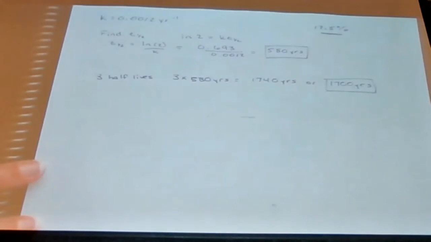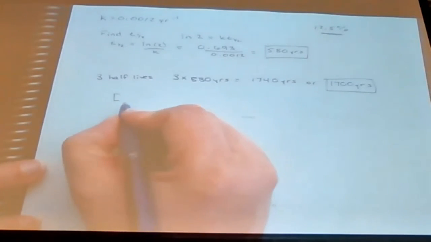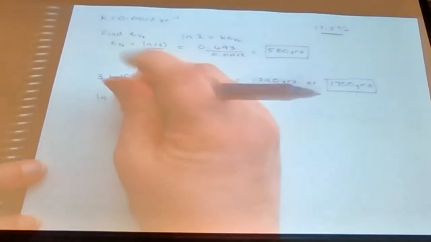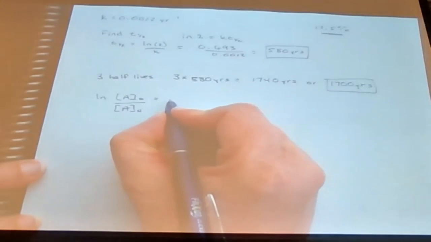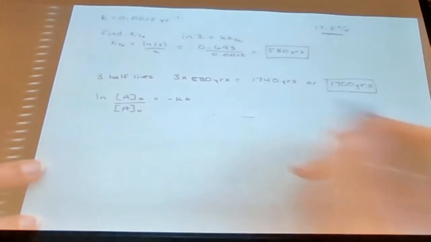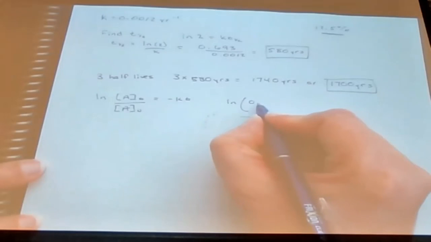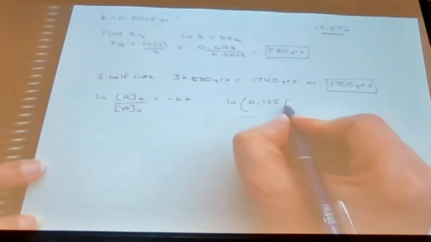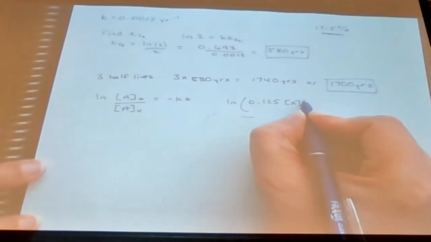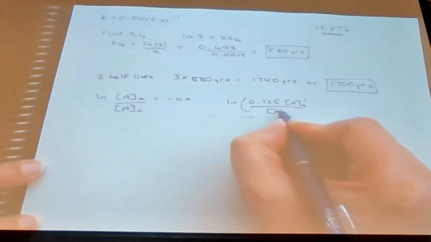The other thing I could do would be to plug into the equation that I have concentration, so I want a natural log of, let me use this form, natural log of A T over A 0 is equal to negative KT. So I have natural log of 0.125 A0 over A0.